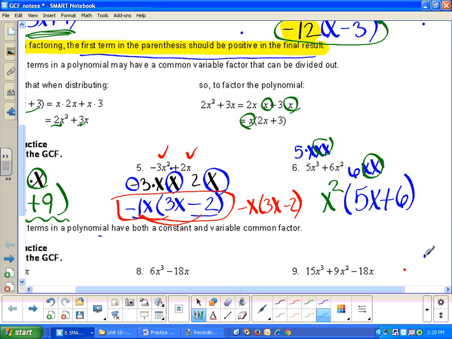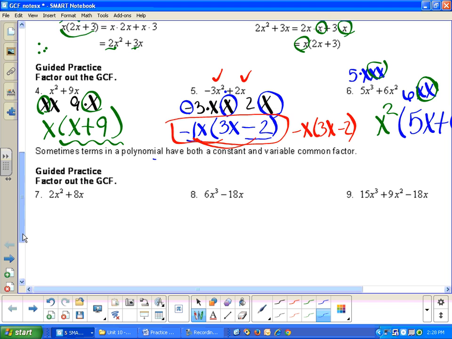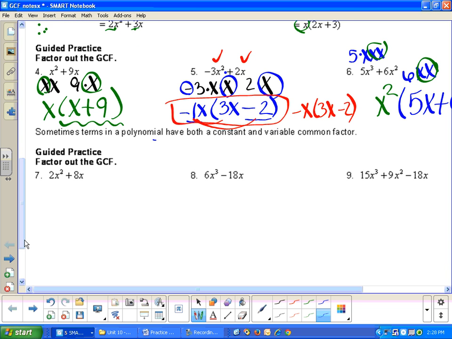There's nothing in common with the 5x and the 6. And x squared is up front. If we multiply that together, we come up with those same values. Okay, we can't have both. So in these problems, we're going to have both that are factored out. This is where it's really helpful to write out each term, because that way you don't have to worry about what you're missing.